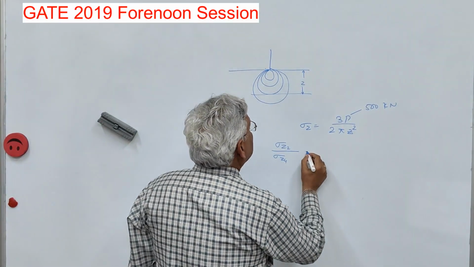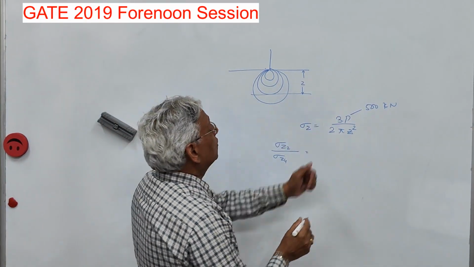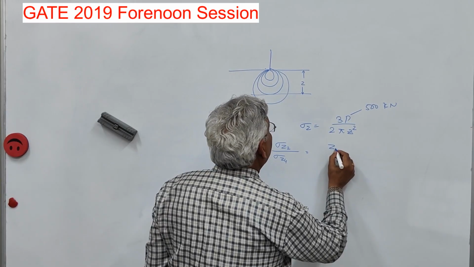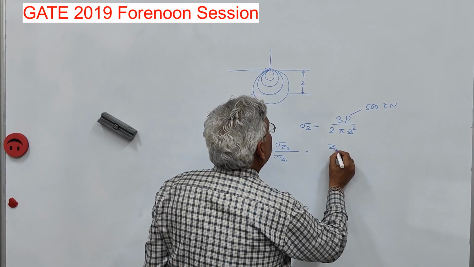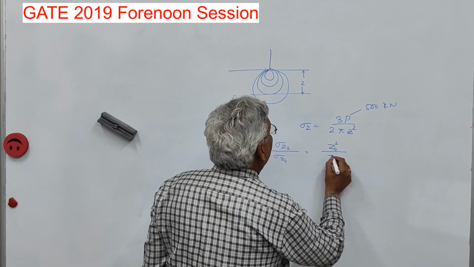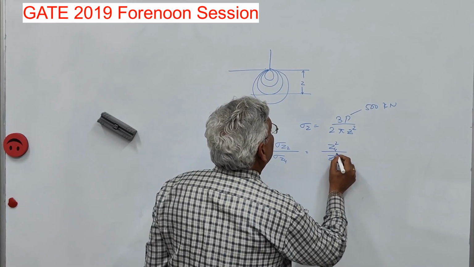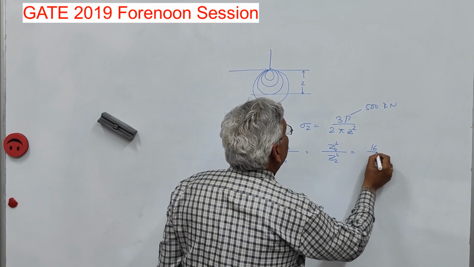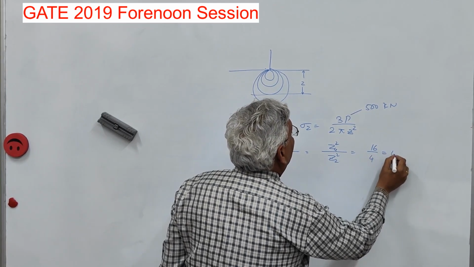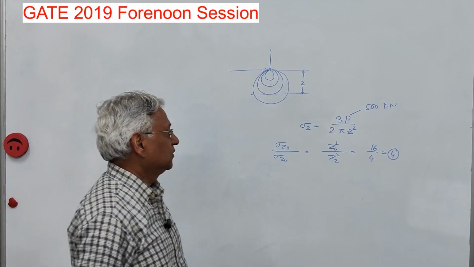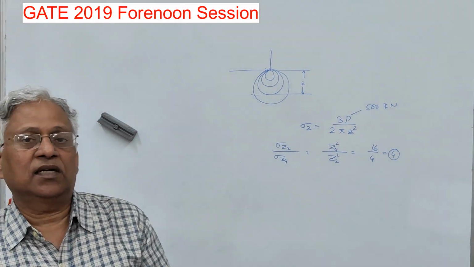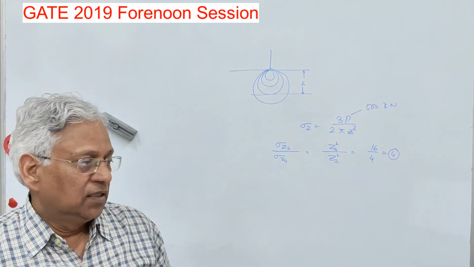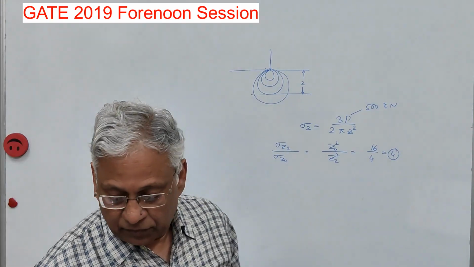And therefore this will be inverse of the Z. So this will be Z 4 square upon Z 2 square, that is 4 meter, that is 16 upon 4, 4. That is the ratio of stress at 2 meter and 4 meter when a concentrated load is applied at surface. That is question number 4.